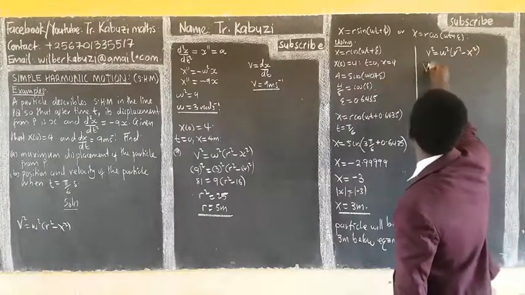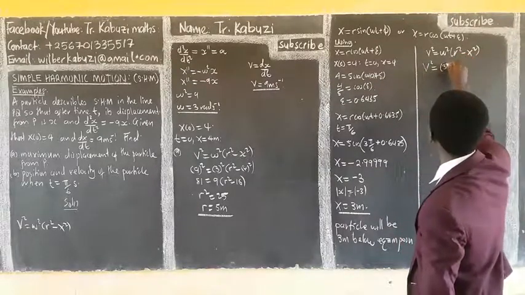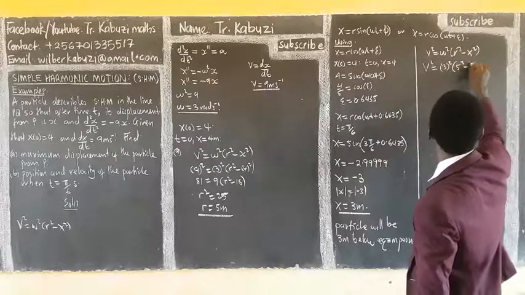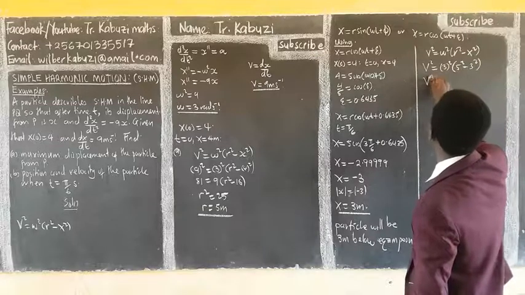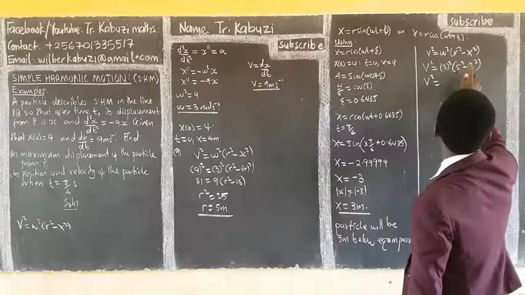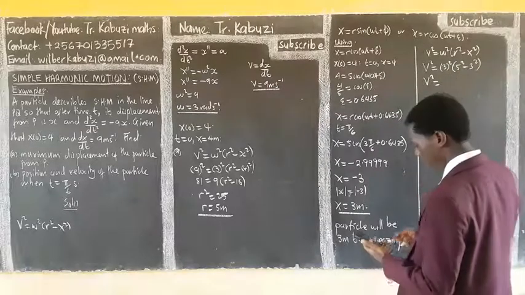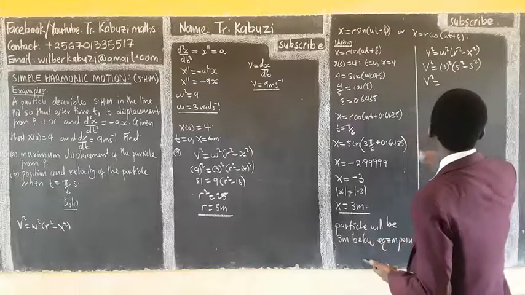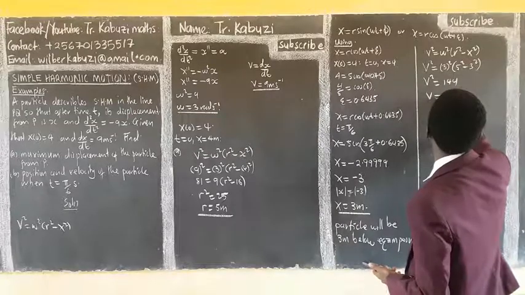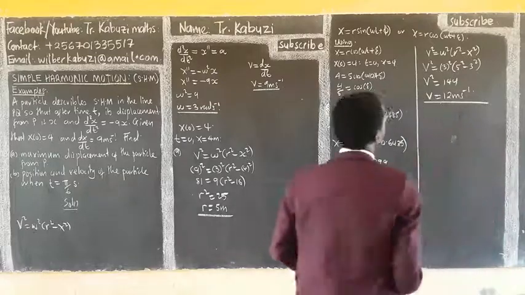It's going to be 3 squared into 5 squared minus 3 squared. That is 25 minus 9, that's 16, times 9. I get 144, and so my velocity is going to be 12 meters per second. As simple as that.